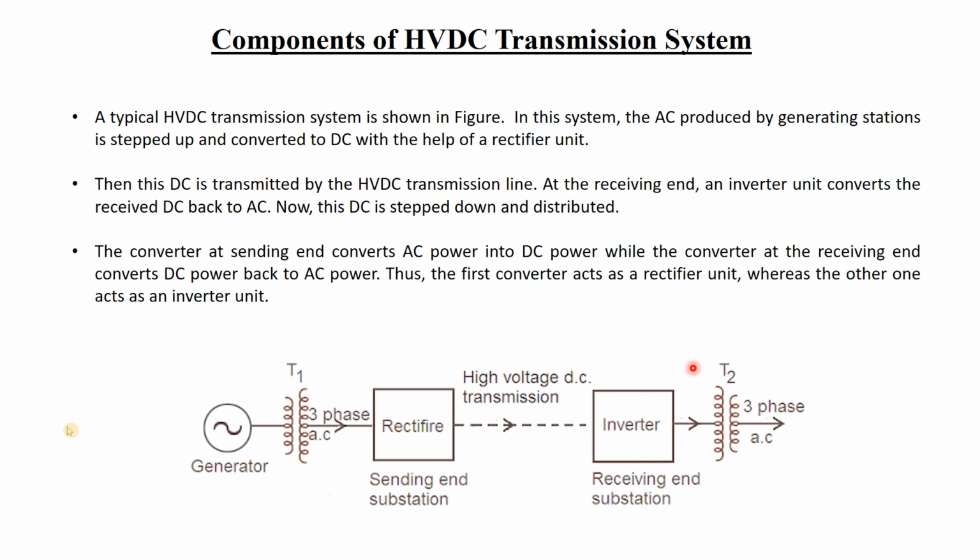Using phase shifters and other inverter properties, we create a 50 Hz 3-phase line. Then we step down using a transformer, because after the transmission, distribution or secondary transmission will be carried on. That is why the voltage is stepped down.